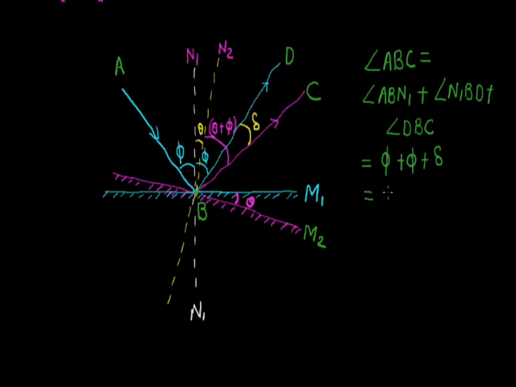So we get angle ABC as 2 phi plus delta. First equation.